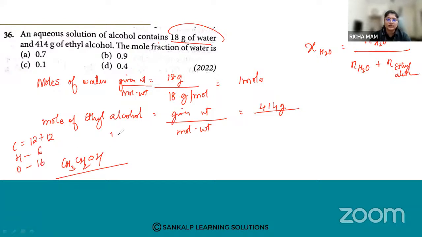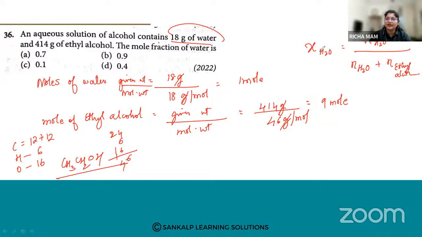So 24 plus 6 plus 16, 46. So it is 46 gram per mole. Gram cancels. What will it be? 414 by 46 is how much? 414 by 46 is 9. 9 mole.